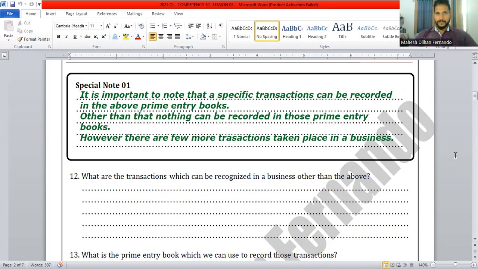Now I'm giving you an introduction for general journal. After that, put a highlight on the last sentence you have written, which tells you that apart from the transactions stated on the previous page, there are some other transactions taking place in a business.